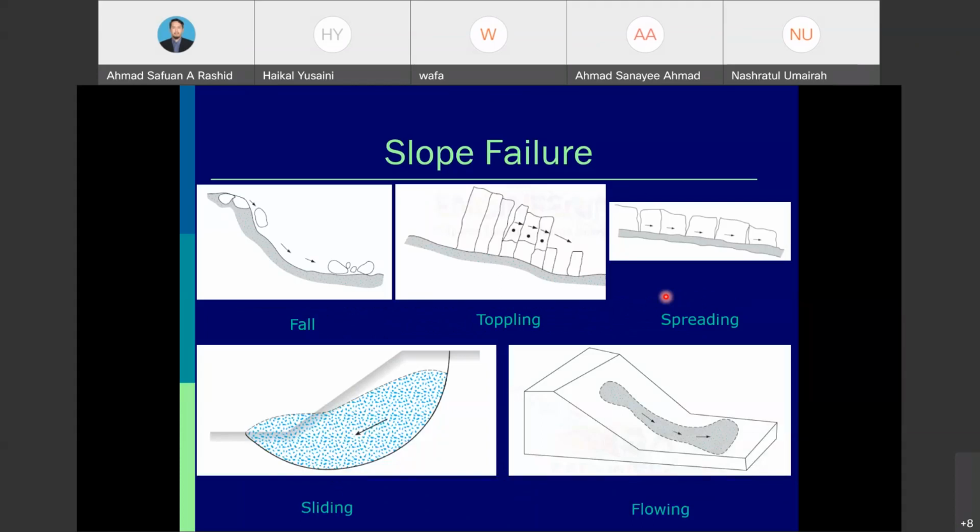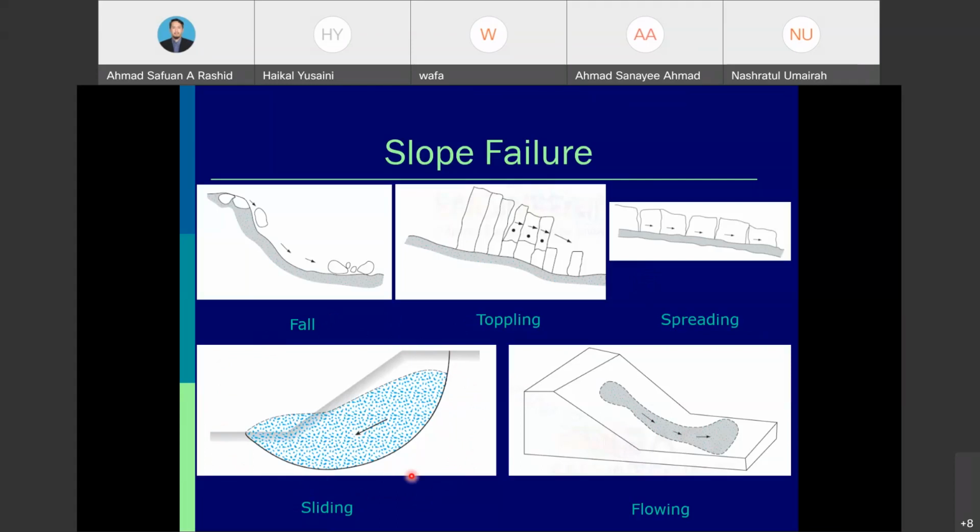So this is an example of slope failure, where we have fall, toppling, spreading, sliding, and flowing. Normally for soil slopes, we may discuss this type of slope movement or soil movement.